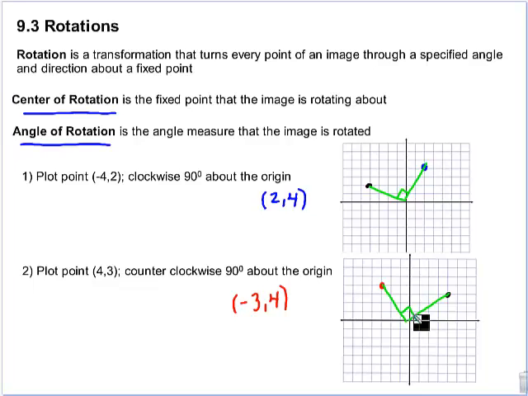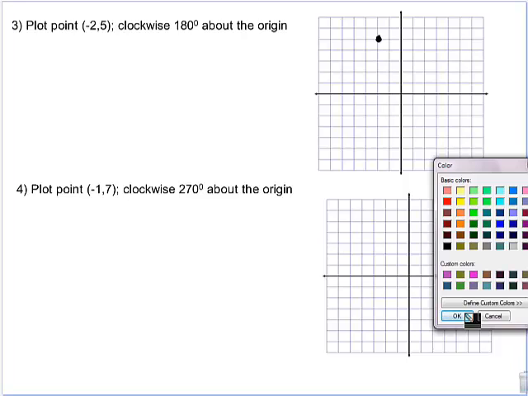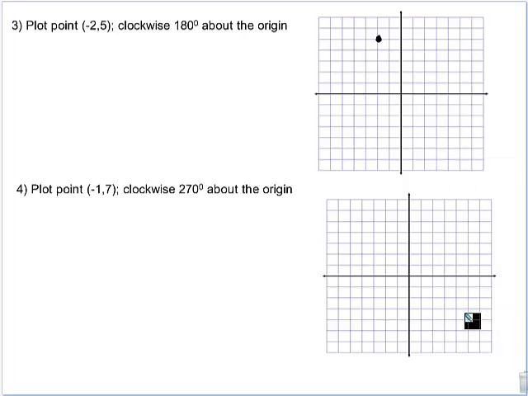Okay, let's look at some others then. Here we want to plot the point negative 2, 5, and this time we want to go clockwise 180 degrees. Negative 2, 5 is right there. If your paper is starting like this, 180 degrees is upside down.